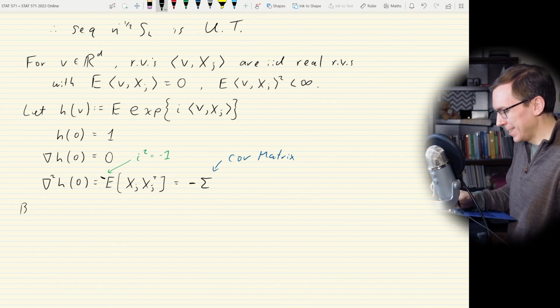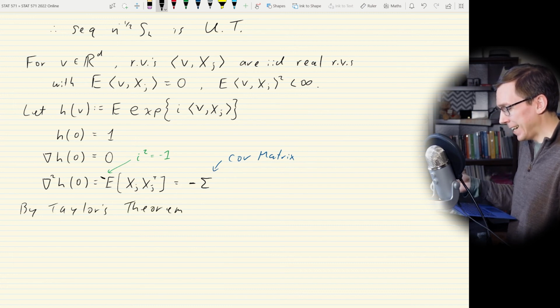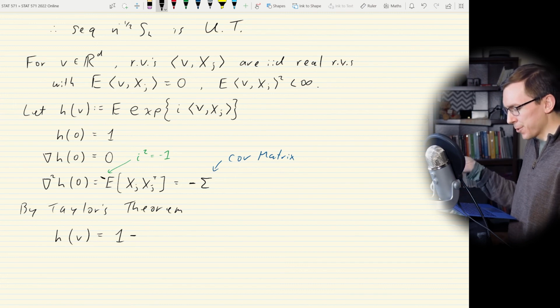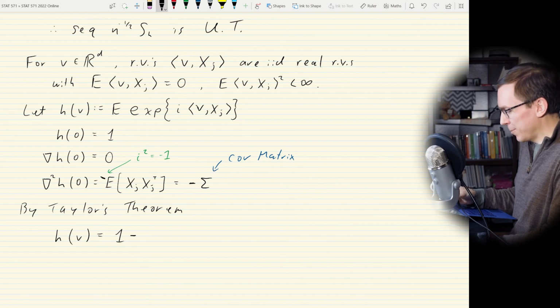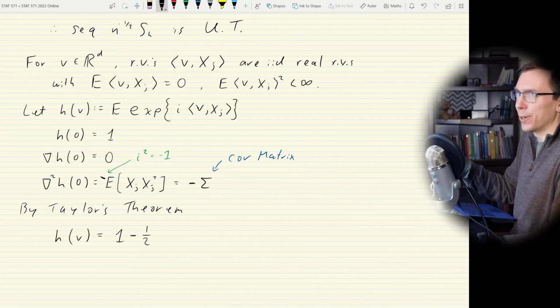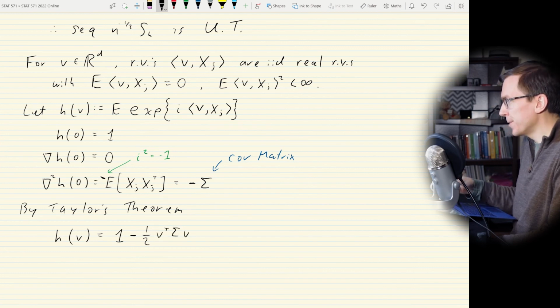So by Taylor's theorem, what do we get? Well, I don't know what h is, but I know how to get approximately what h is, which is h(0) minus, well, the first derivative, the gradient there, is 0. The second one is going to be 1 over 2 factorial, and then a quadratic form, v transpose sigma v.